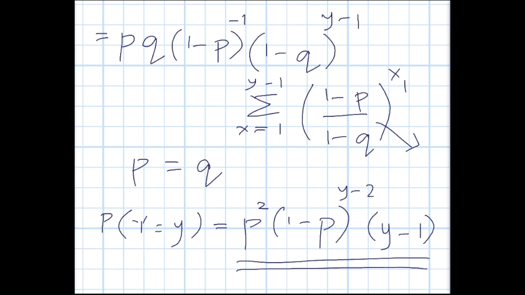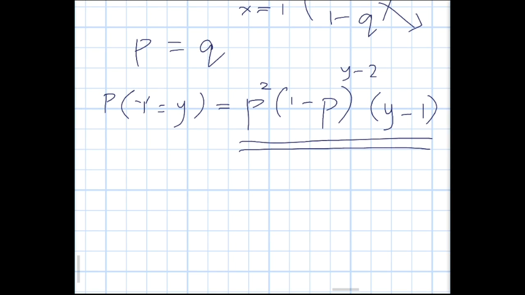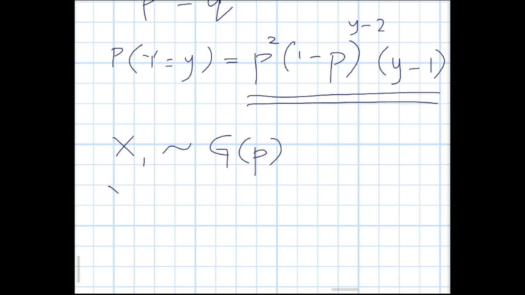Okay, now note that if x is geometric with p, then x1 minus 1 is not geometric, it is a negative binomial with parameters 1 and p. Why can we say that?